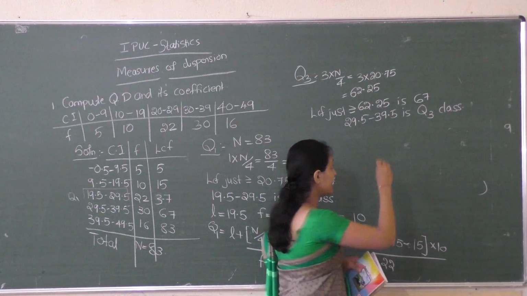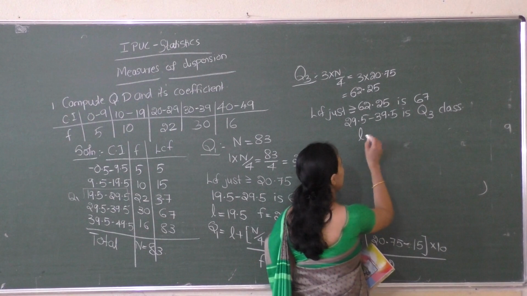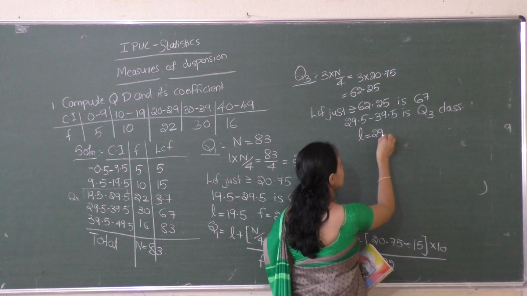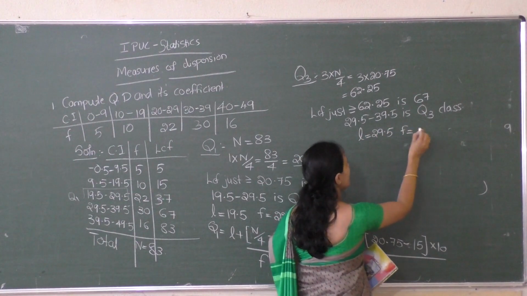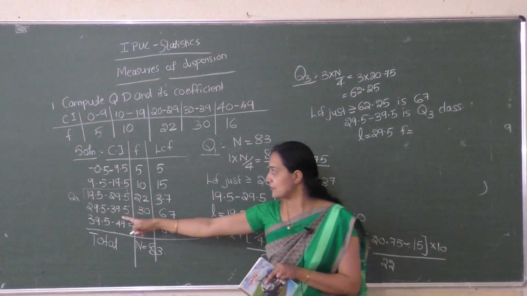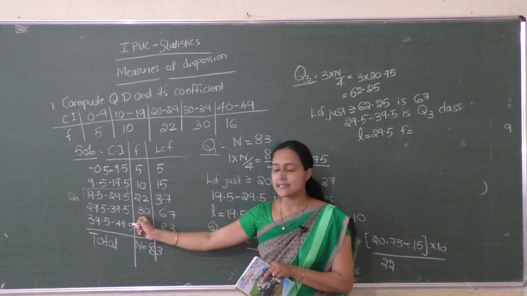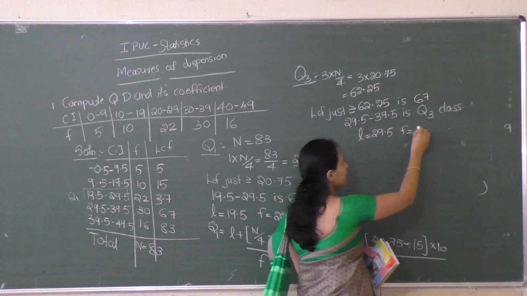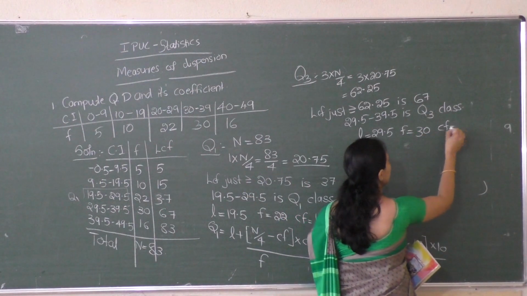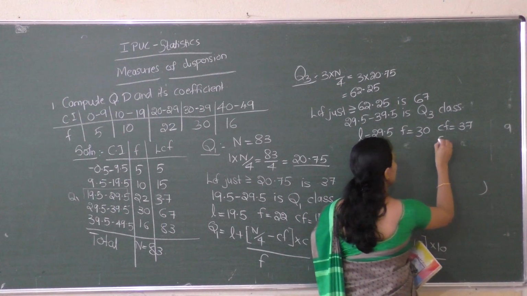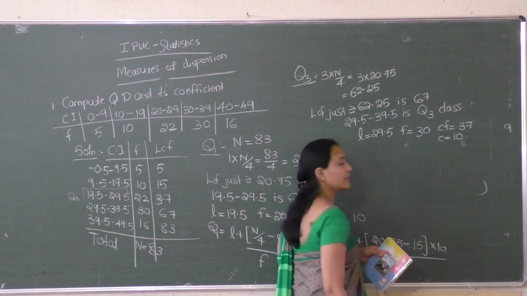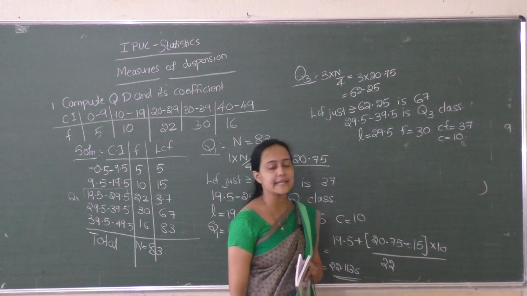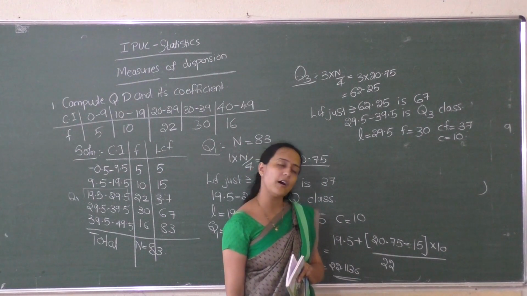So Q3 class: L lower limit of Q3 class, F frequency of Q3 class. 29.5 to 39.5, frequency is 30, CF is 37, C equals 10. Correct? Next again apply the formula.